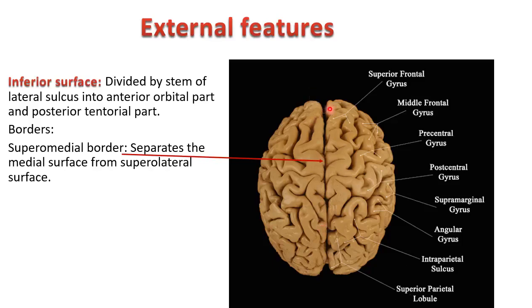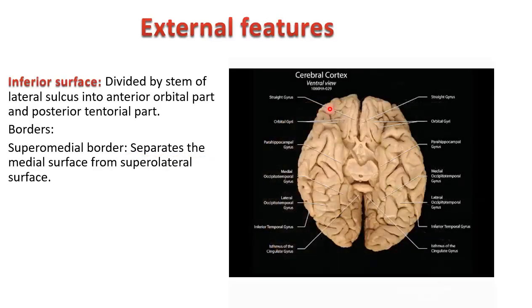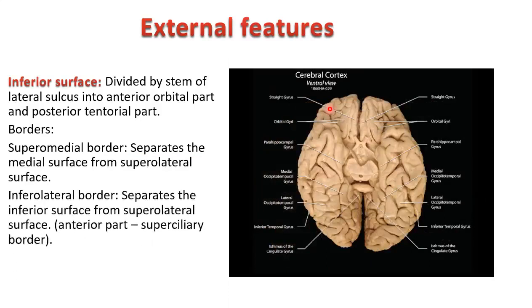The next border is the inferolateral border. It separates the superolateral surface from the inferior surface. Just now we saw the orbital and tentorial parts of the inferior surface. The anterior part of this border is called the superciliary border, because it represents, topographically on the surface, your eyebrow.